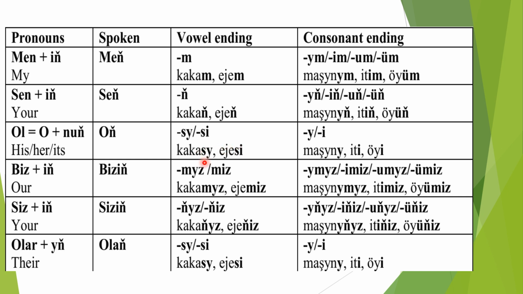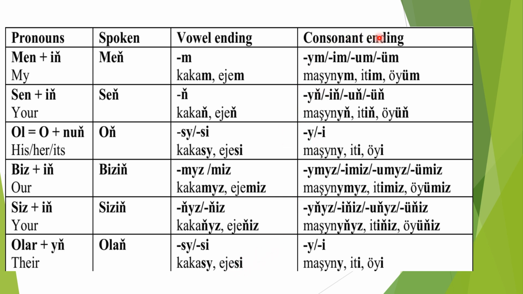If you remember, we studied this in the previous classes. Biziň, we have myz, miz: kakamyz, ejemiz. Siziň, ňyz, ňiz: kakaňyz, ejeňiz. And olaryň, again, the same suffixes as onuň: kakasy, ejesi. The third person singular and third person plural suffixes are the same.